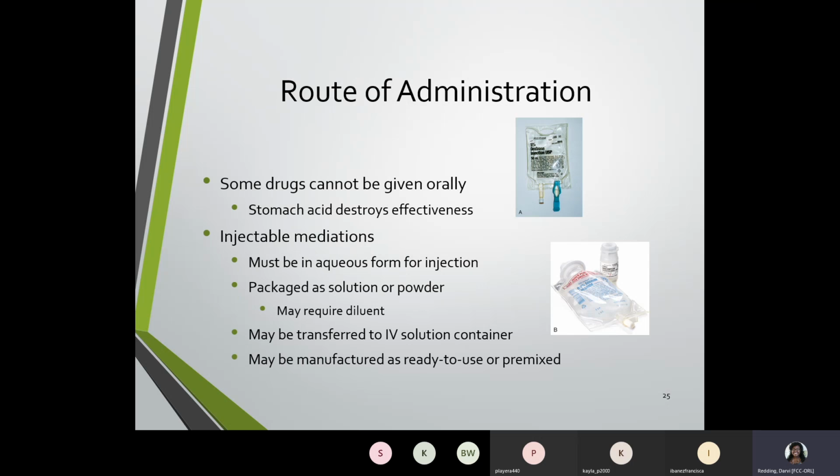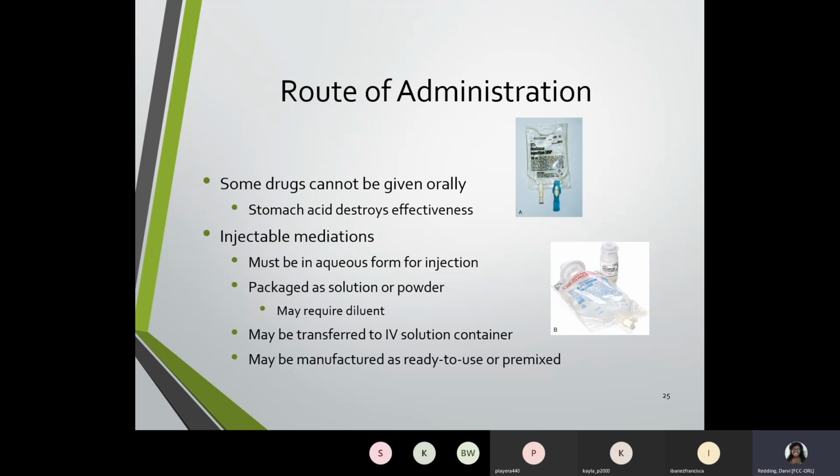Now, for route of administration, there are some drugs that cannot be given orally, because stomach acid destroys the effectiveness of the drug. So there might be some injectable medications that might be better. And so for injectable medications, these must be in an aqueous form for injection.